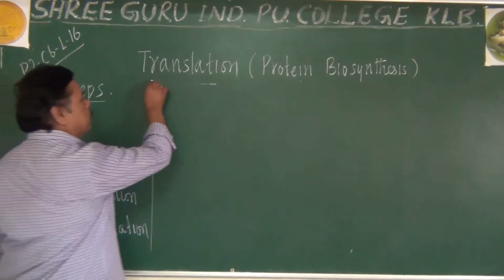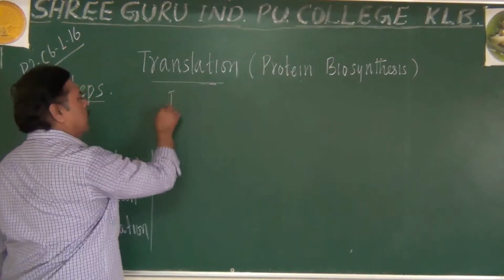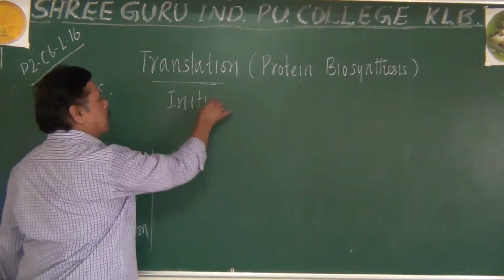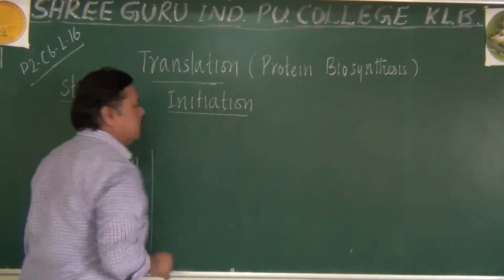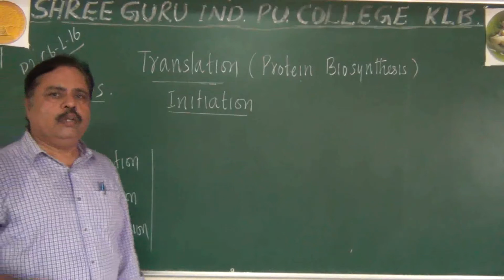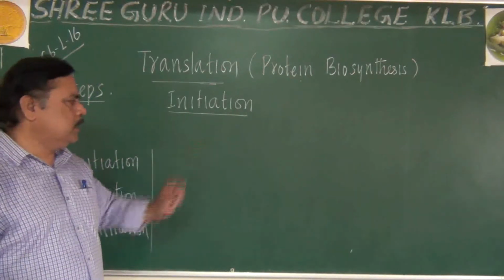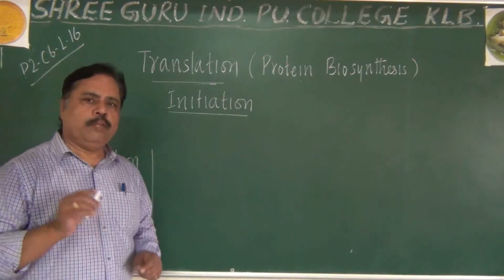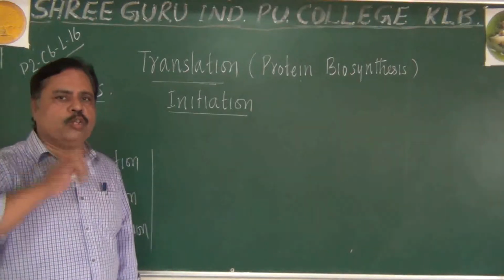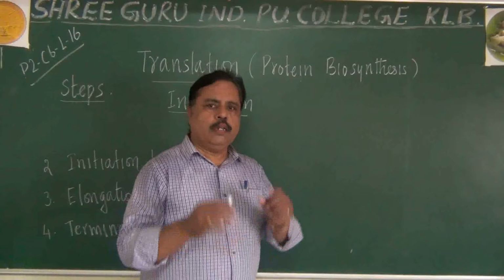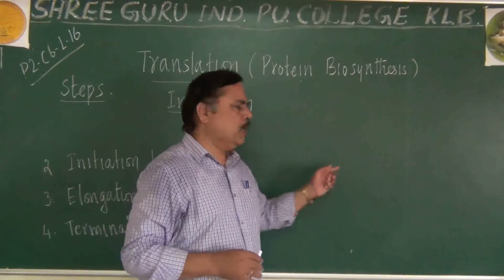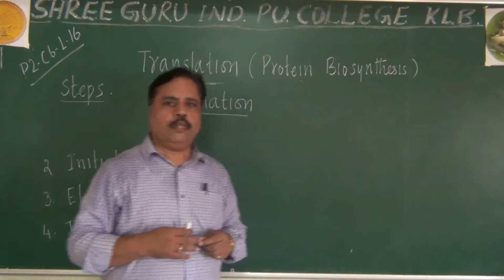You must know that the starting of the translation process is called initiation. You know that mRNA is produced by means of transcription in the nucleus. In a eukaryotic cell, that mRNA will undergo processing.